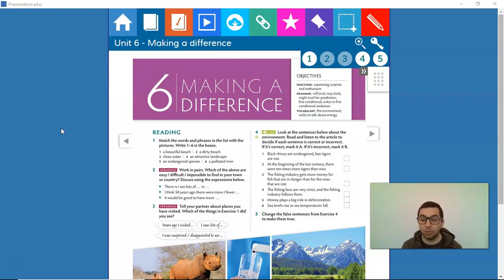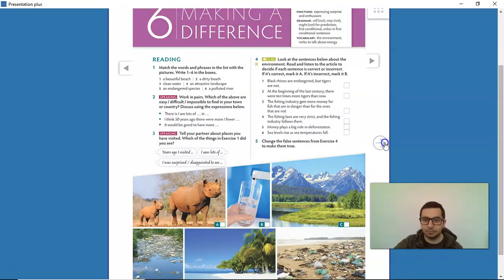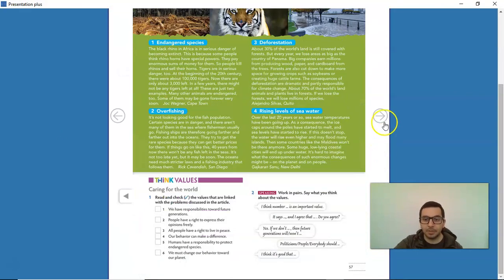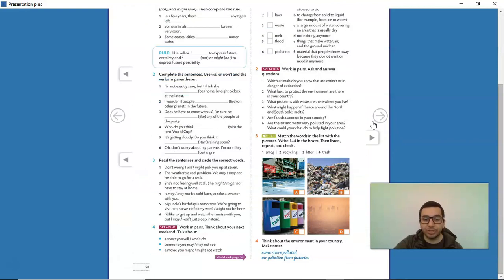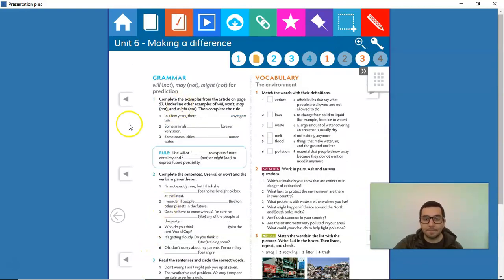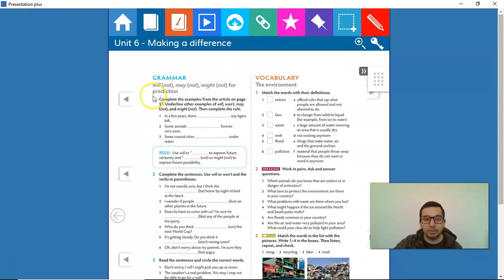Now, let's go to our grammar lesson for Unit 6. It is on page 58. We're going to start with activity number 1. Activity number 1 is based on the text that we just read on page 57.